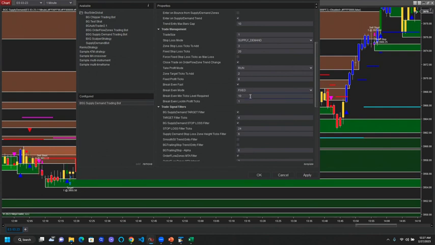So we can tell the bot that if we are in unrealized profit, the moment it reaches 10 ticks, move my stop loss to one tick above my entry price. This way you are locking in the momentum you already had, and even if the market reverses, you are not going to hit the stop loss.